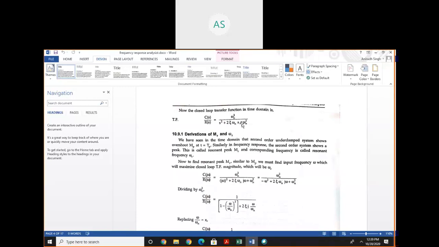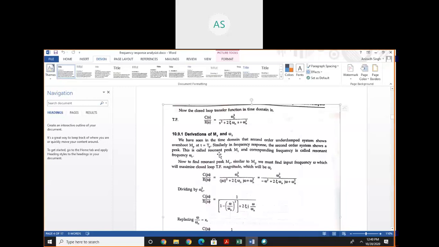We see that in the case of an underdamped system, meaning one in which the value of zeta is less than 1, the second order system shows an overshoot Mp at peak time tp.